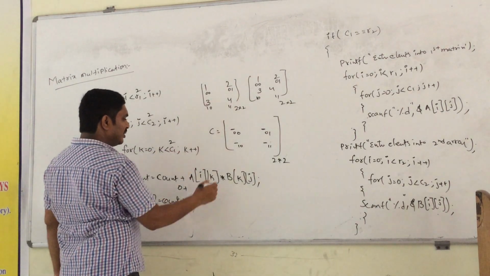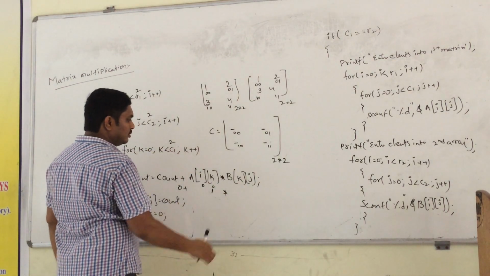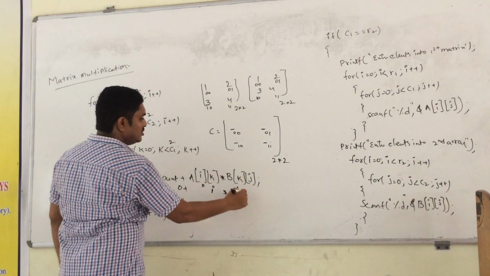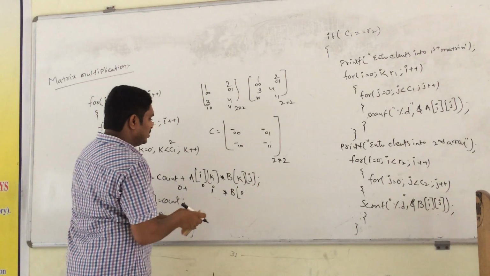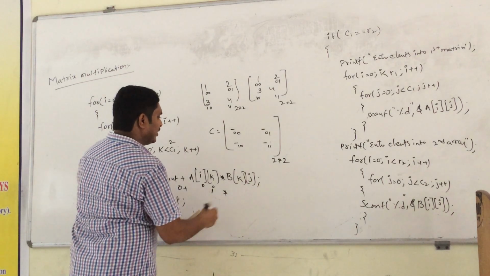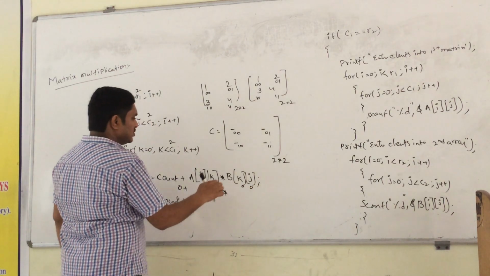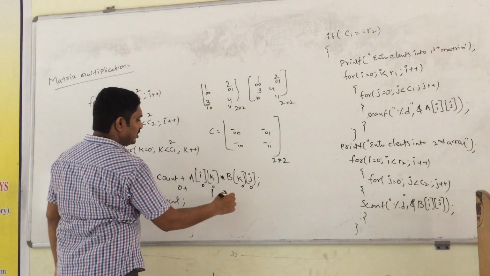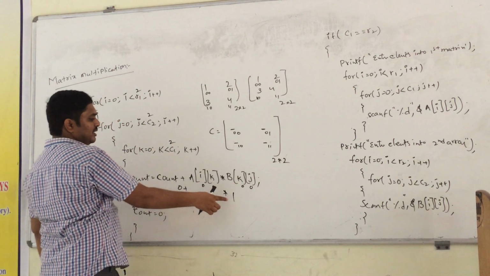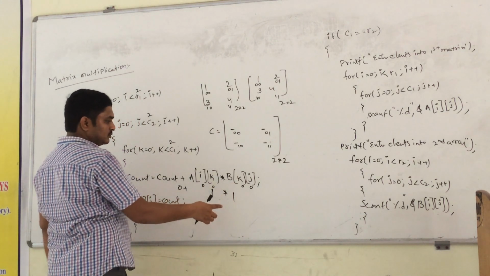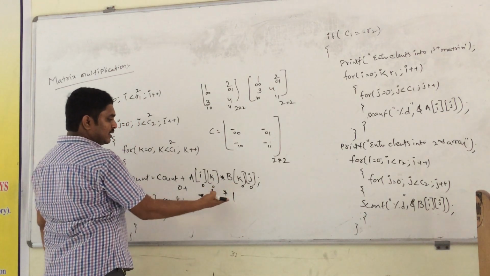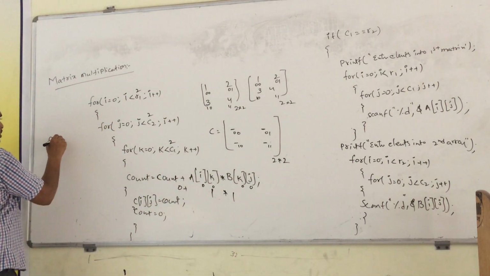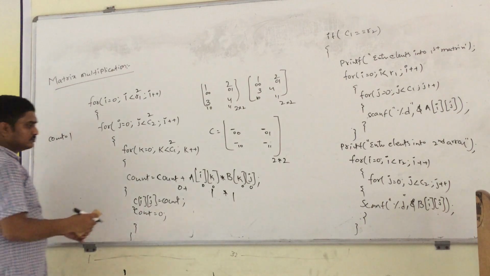A of 0 0 element is 1, into B of kj. B of which element? k value is 0, j value is 0. So in B, the 0 0 element is 1. In A, the 0 0 element is 1. 1 into 1 is 1. This is added to count. Then count will become 1.